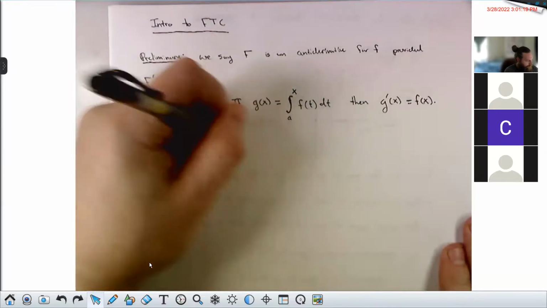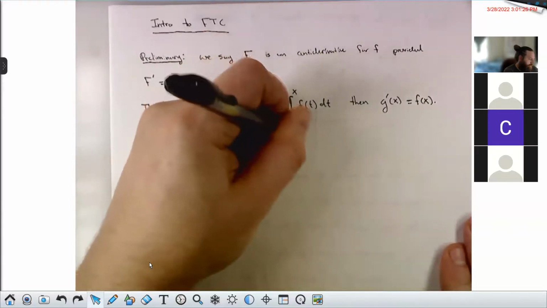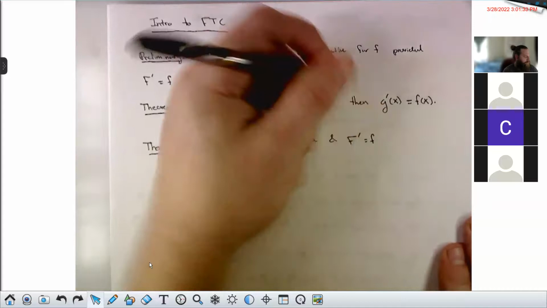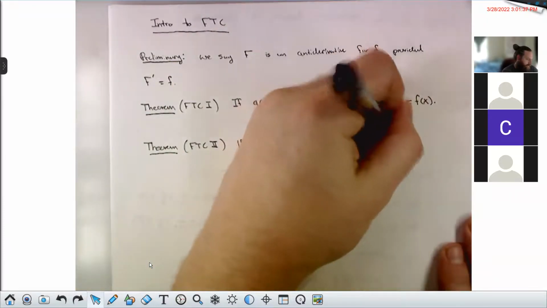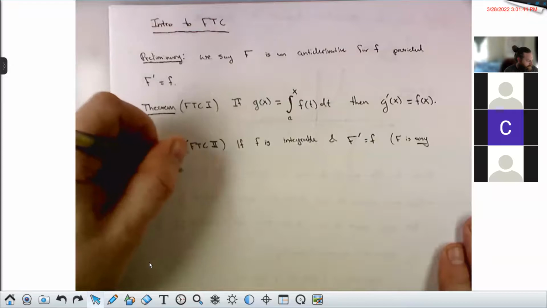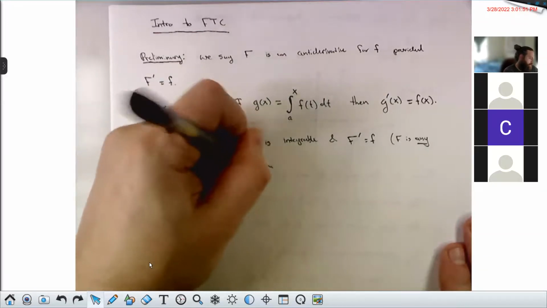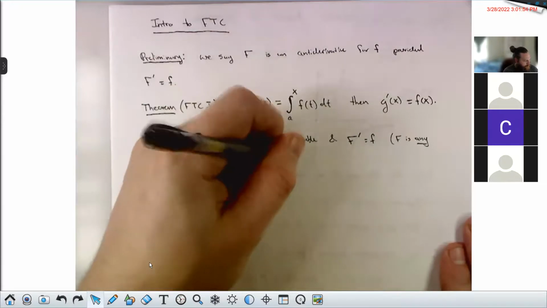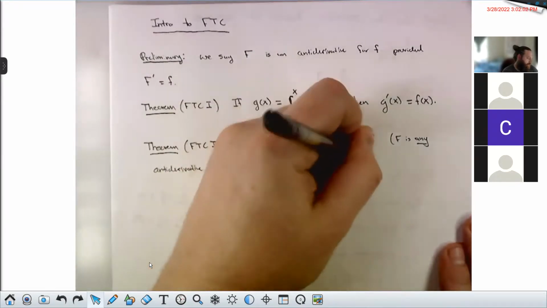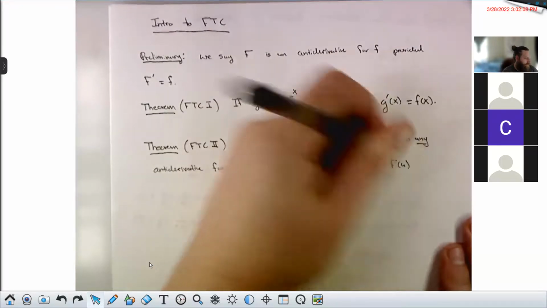This says if little f is integrable and big F primed is little f, in other words, big F is an antiderivative, any antiderivative for little f, the integral from a to b of little f of x dx is equal to big F of b minus big F of a.